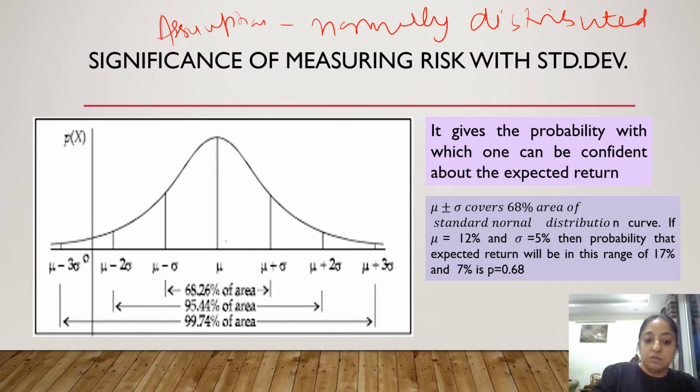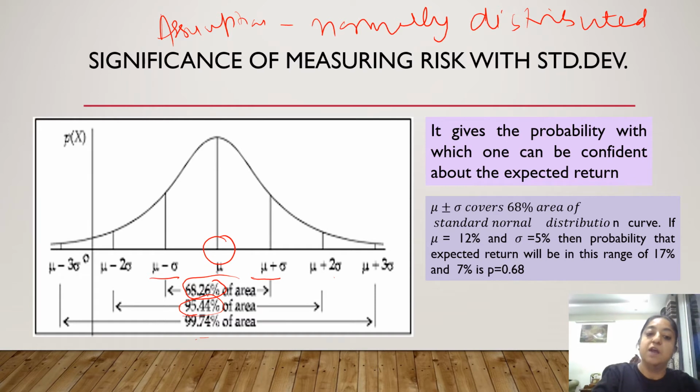So this is the average. Average plus or minus 1 standard deviation covers 68% of the area. Average plus or minus 2 standard deviations covers about 95% of the area. Average plus or minus 3 standard deviations covers 99% of the area.